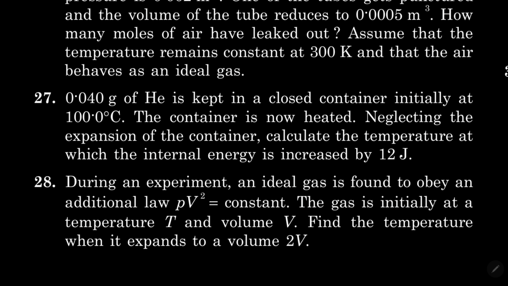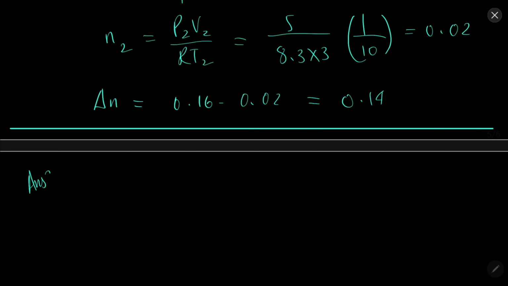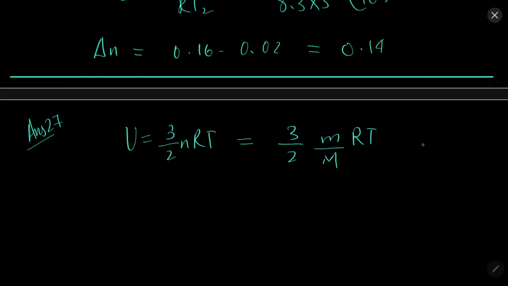In 27, calculate the temperature at which the internal energy is increased by 12 joule. Solution 27. U equal to 3 by 2 nRT, internal energy 3 by 2 nRT.